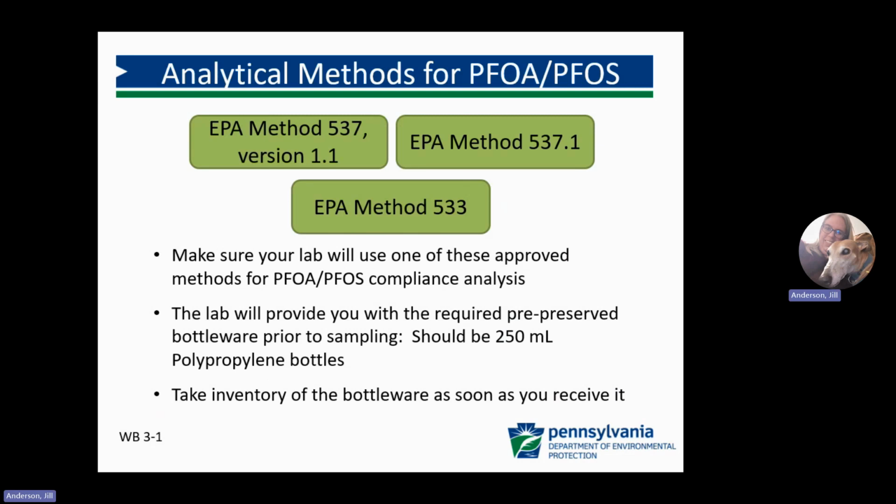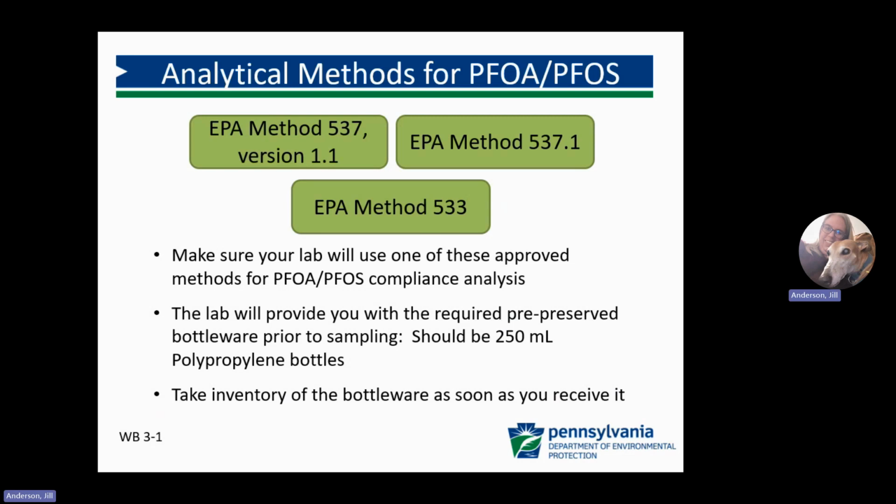There are currently 3 approved methods for analysis of PFAS as shown here on the slide: EPA methods 537, 537.1, and 533. These are the approved methods that are identified in the PFAS MCL regulatory language. It's critical to make sure that the selected lab will be using and is accredited for one of these methods for your PFAS analysis.